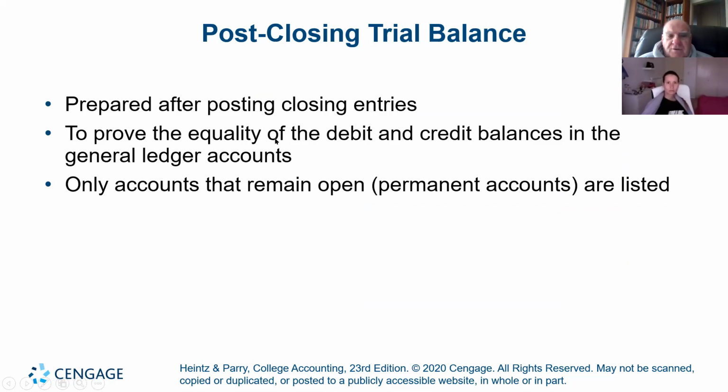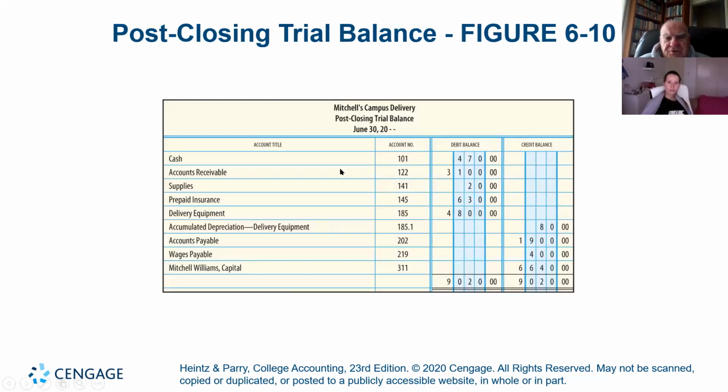And again, the only thing the trial balance does is tell us debits equal credits. But here's the new kicker. You will only have the permanent accounts there. Didn't we just zero out all of the temporary accounts? Yeah, there's no more sales. There's no more expenses. So your post-closing trial balance is going to be assets, liabilities, and just that one new capital number.